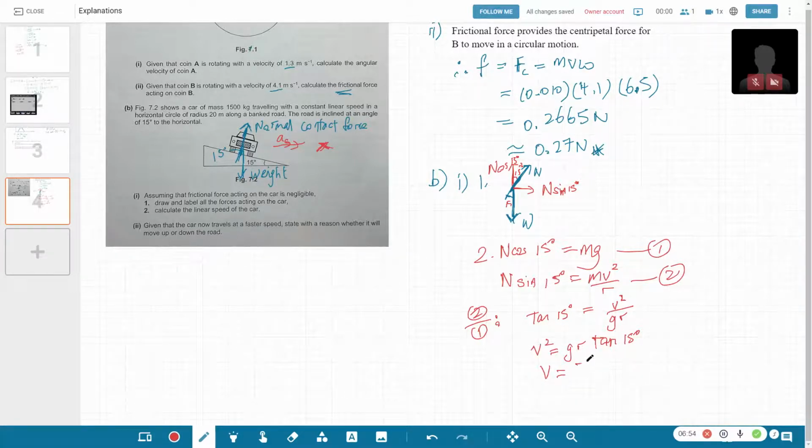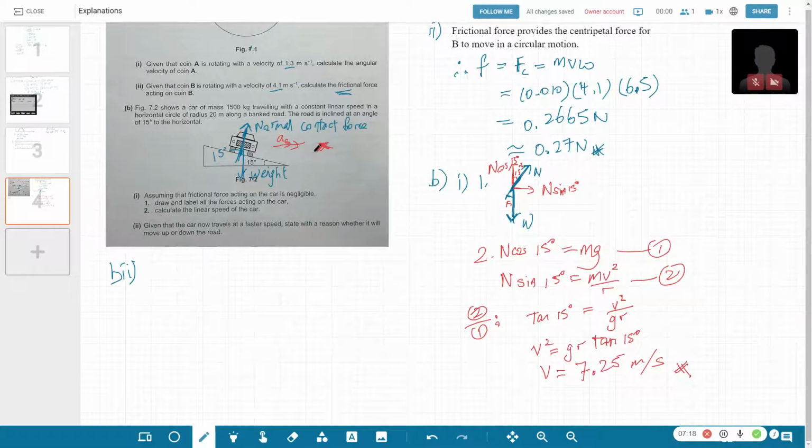You should get 7.25 meters per second. That's for the linear speed. Now we're left with B part 2. Given that the car now travels at a faster speed, state with a reason whether it will move up or down the road.